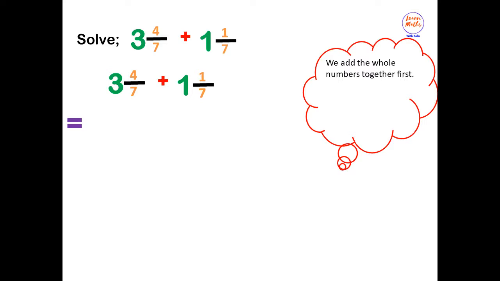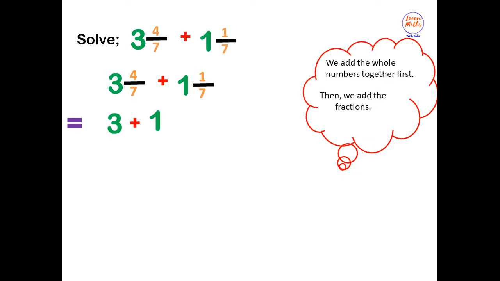So let's go into the business of today. 3 4/7 plus 1 1/7. We add the whole numbers together first. What do I mean by that? The first whole number is 3 plus the second whole number, which is 1. It's as if you are collecting like terms, collecting the ones that are similar, just separating them.